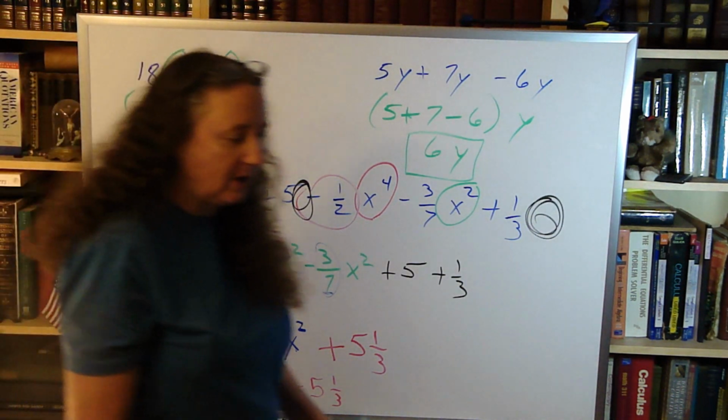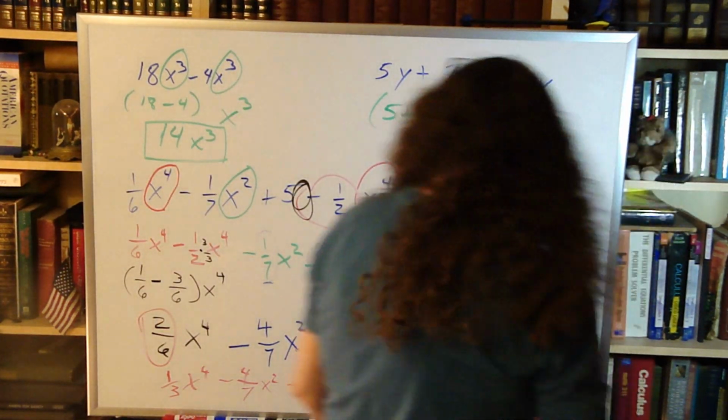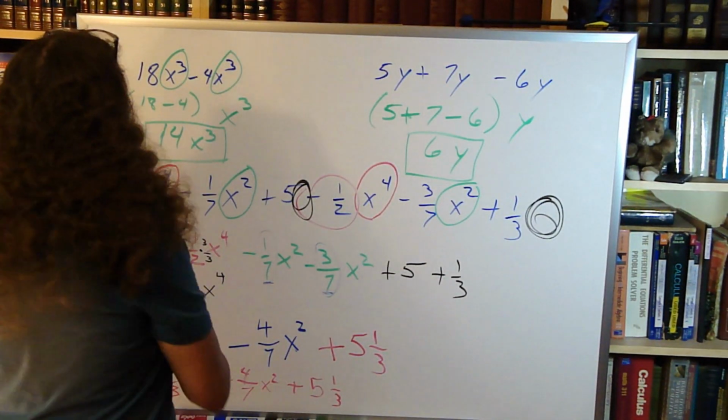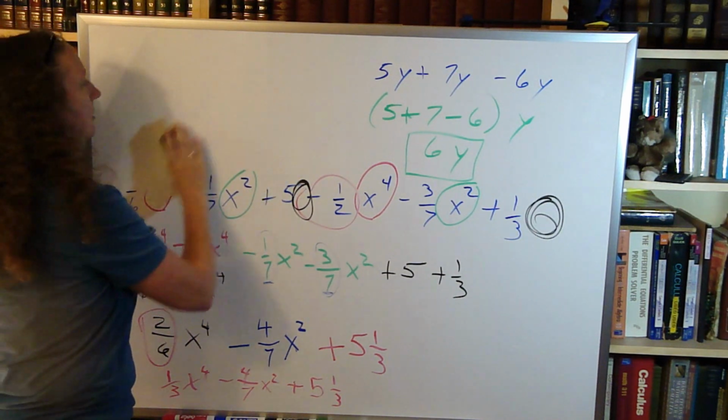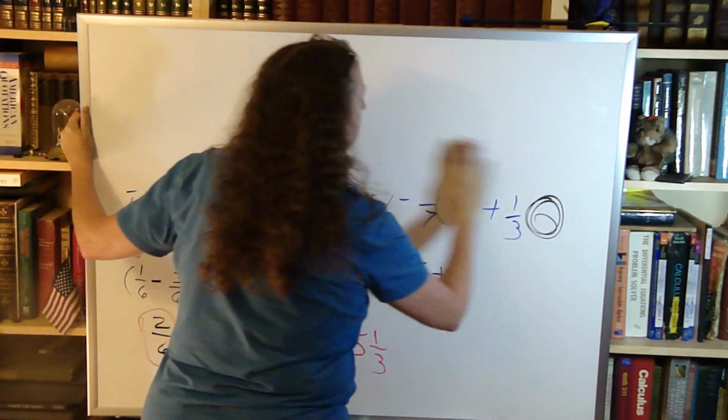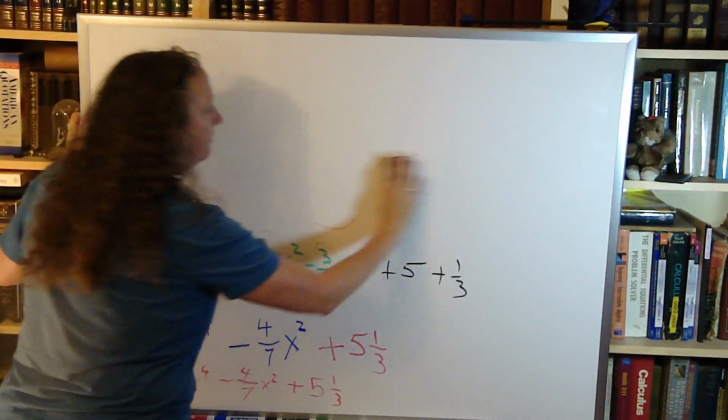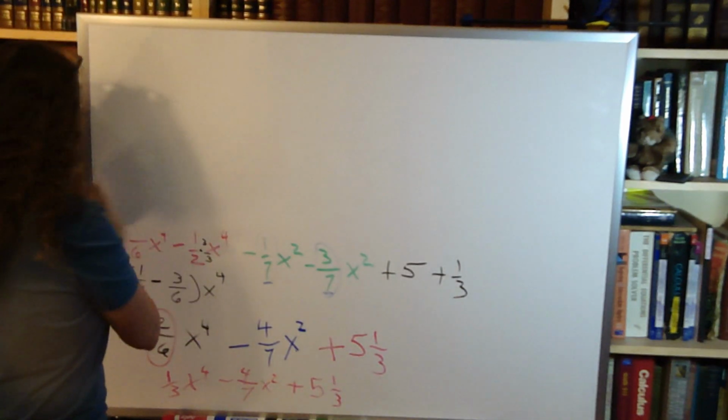So I go to my next problem. And I make room for it. Remember, you can pause the video at any time to try to figure these things out again.